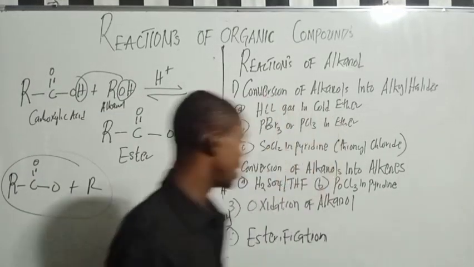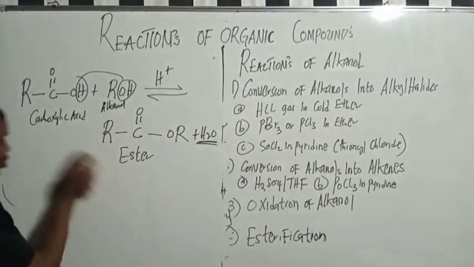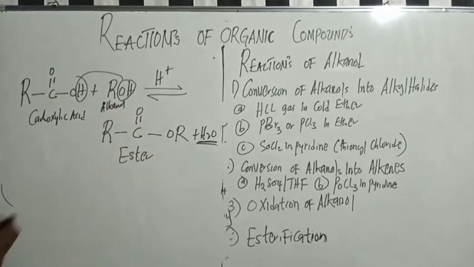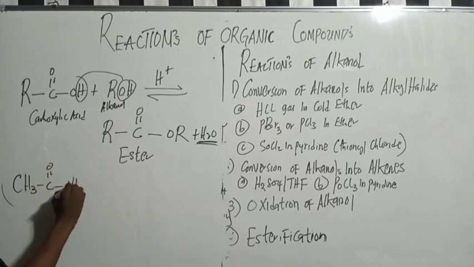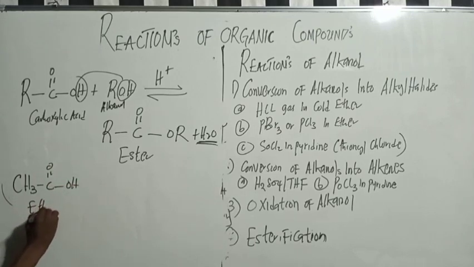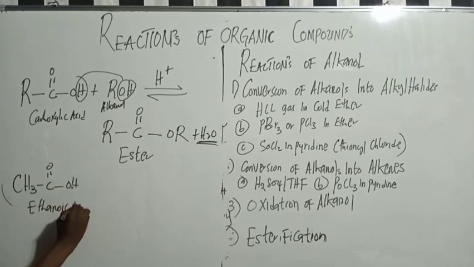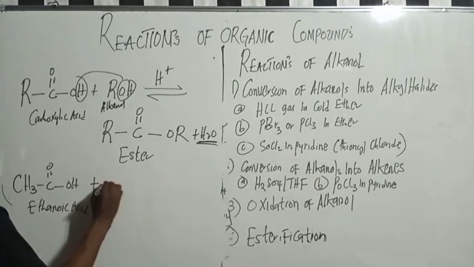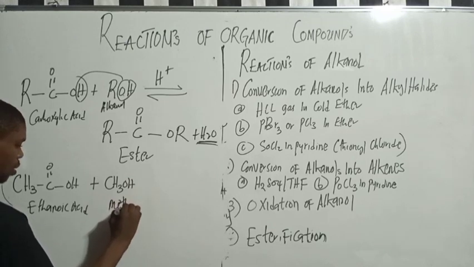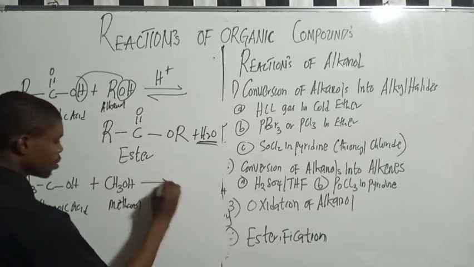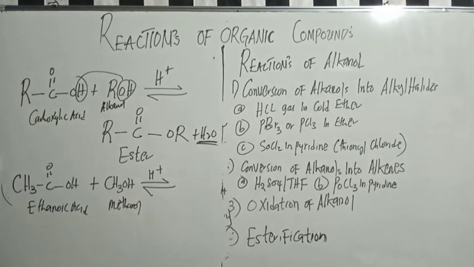For example, here we have CH3, C, ethanoic acid. Now when we react it with methanol in the presence of H plus, what will be the product of the reaction?